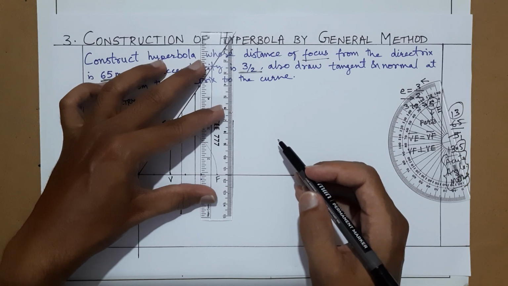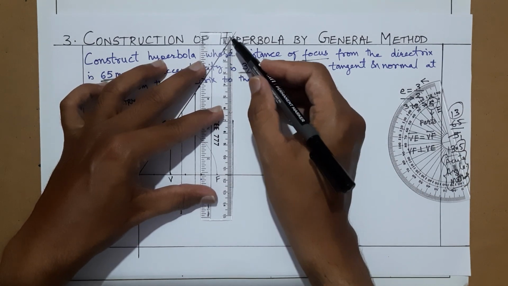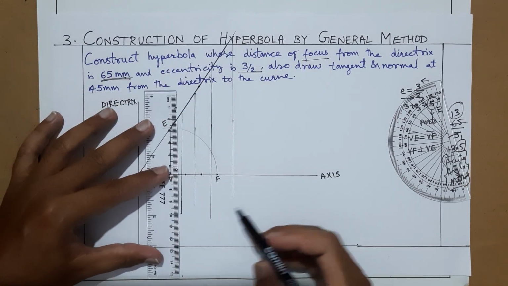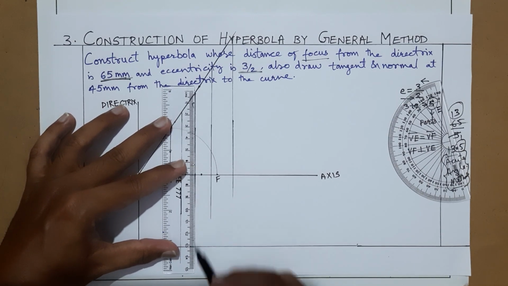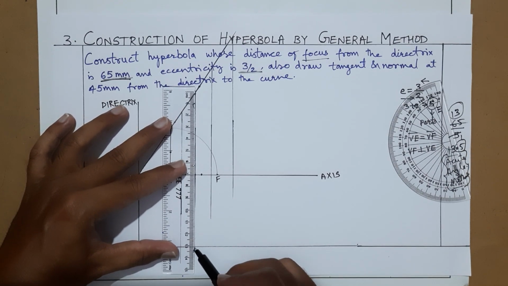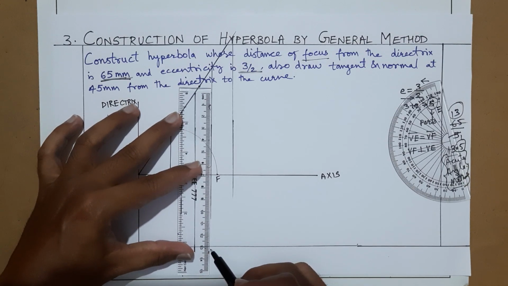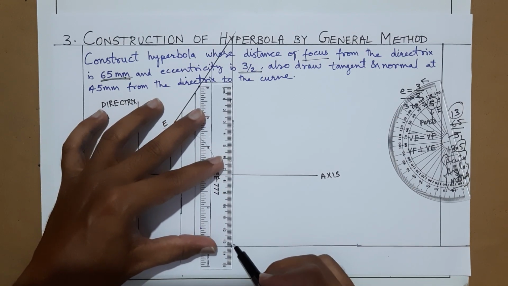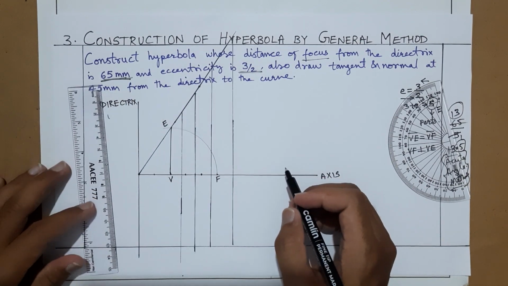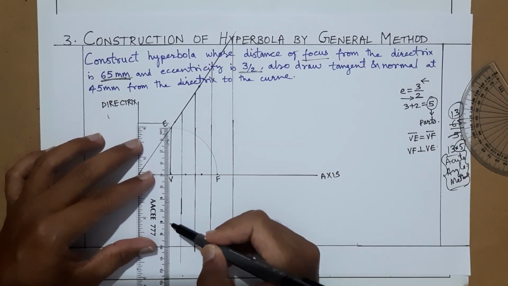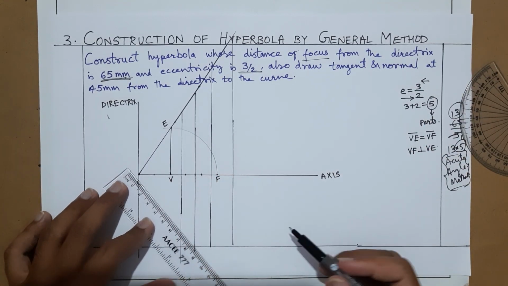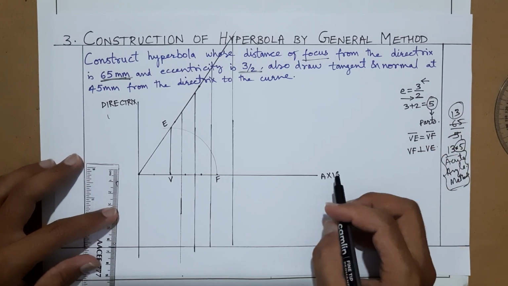So this is going somewhat beyond our limit size. Anyway, procedure is important. Here also you can draw VE length same here, and then you can join the line, same as we did for parabola and ellipse.